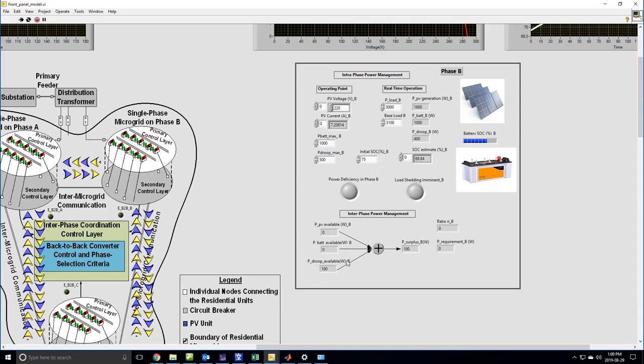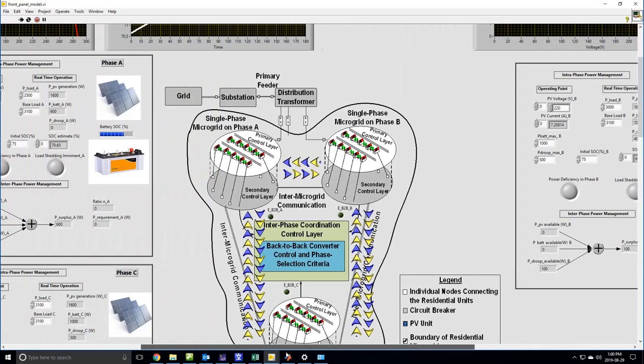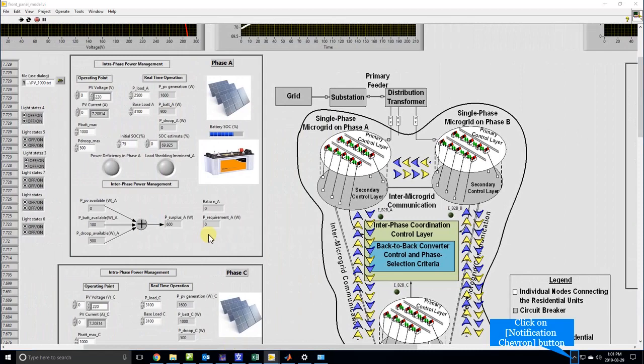Hence, in this first case, there is no interface power management strategy currently taking place. There is only intraphase power management strategy, which is trying to balance the generation with the load. Hence, there is no requirement for any sort of interface power management strategy by any of the phases.